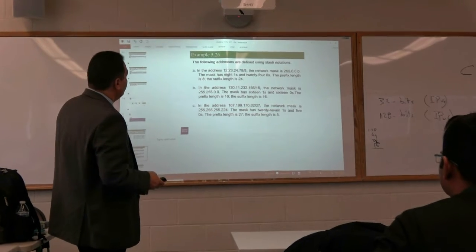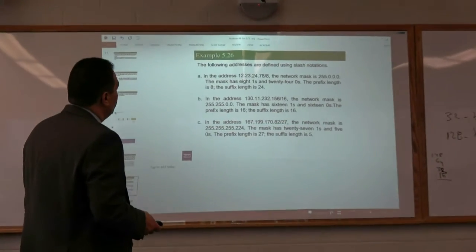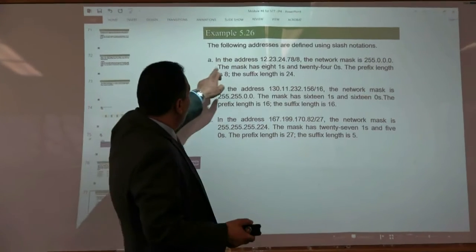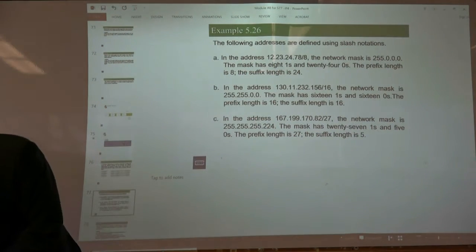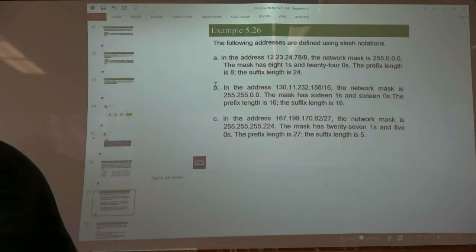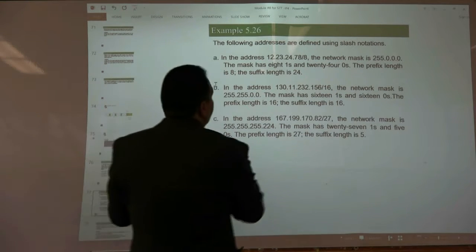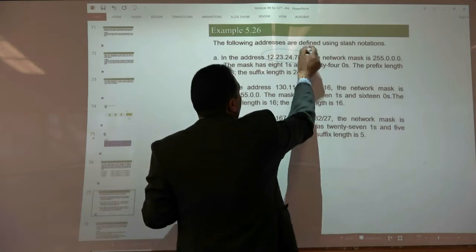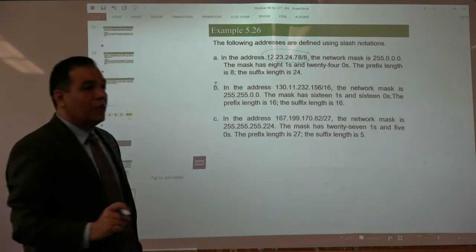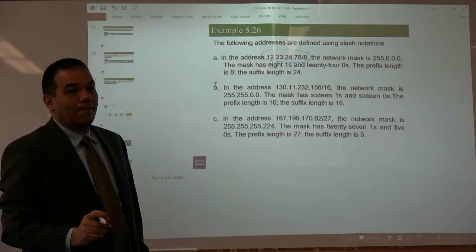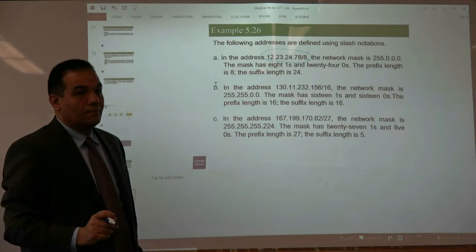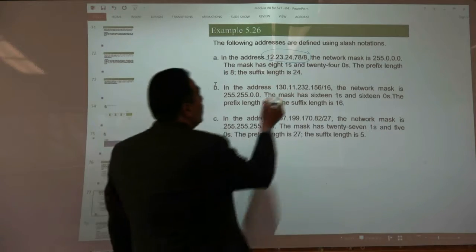So the following addresses are defined using slash notation. The address in here, you see it? So from here, what is the network mask? So /8 means what?